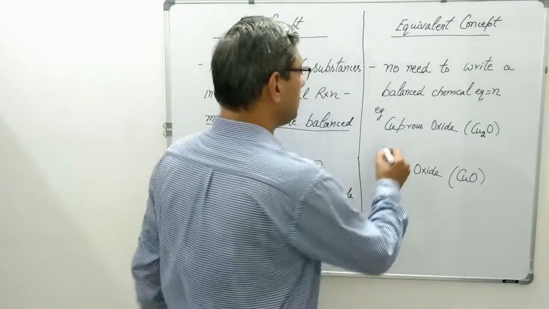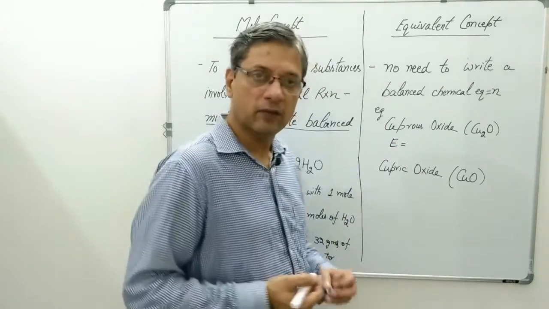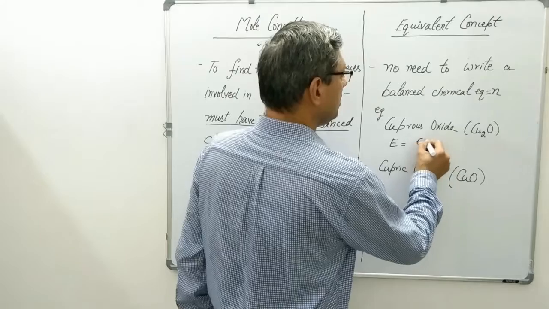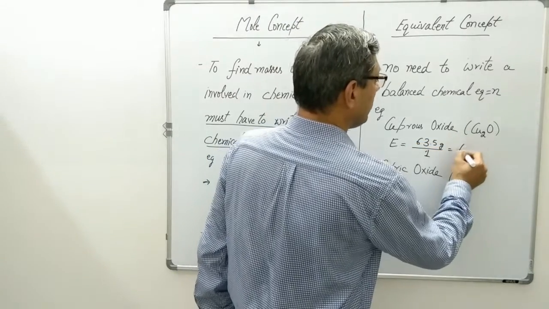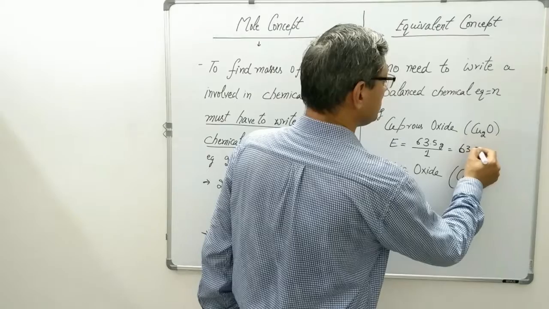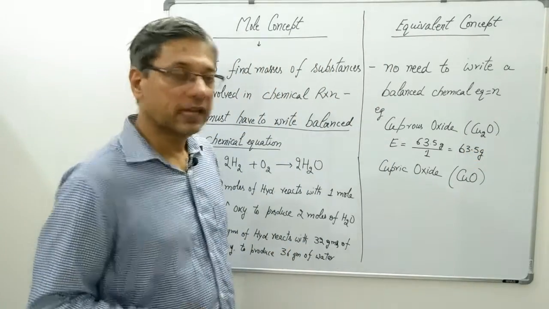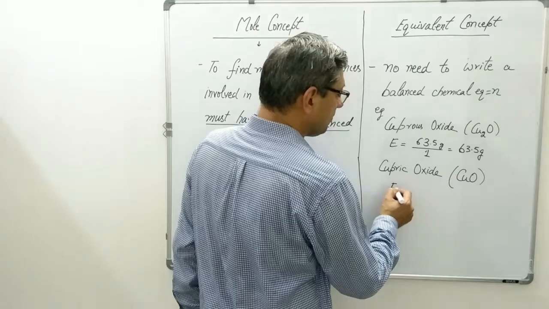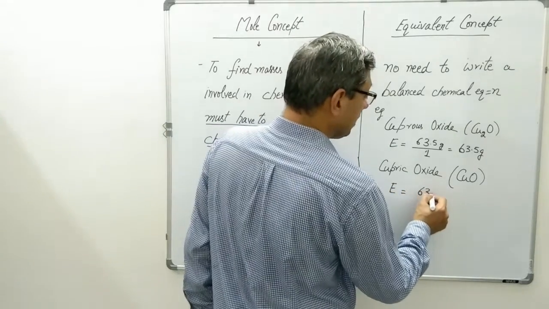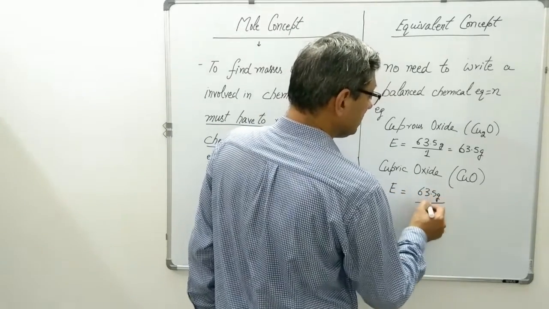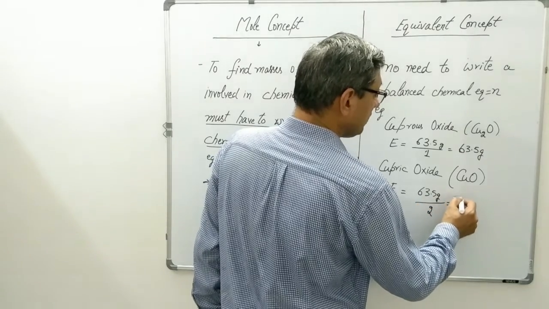Therefore, equivalent mass of copper was found to be atomic mass upon valency, that is the formula, and atomic mass of copper is 63.5 grams. Equivalent mass comes out to be 63.5 grams. In case of cupric oxide, valency of copper was found to be 2. Therefore, dividing 63.5 grams by 2, equivalent mass comes out to be 31.7 grams.